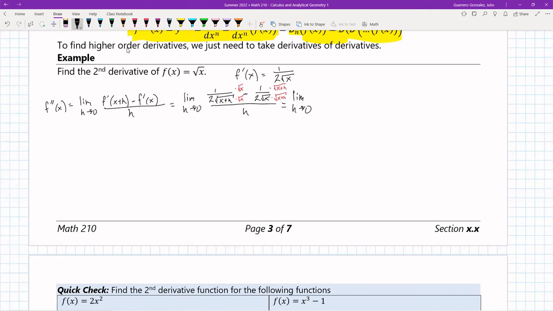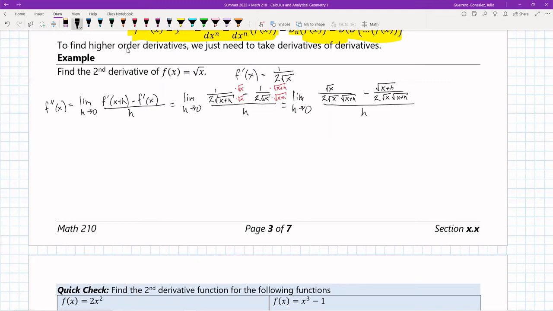So I get left with the square root of x over 2 square root x square root x plus h, minus the square root of x plus h over 2 square root x square root x plus h, all over h.